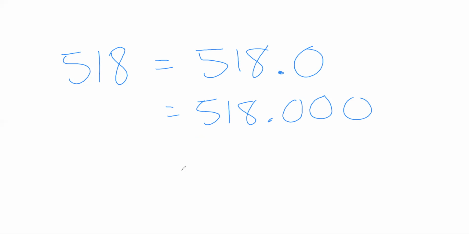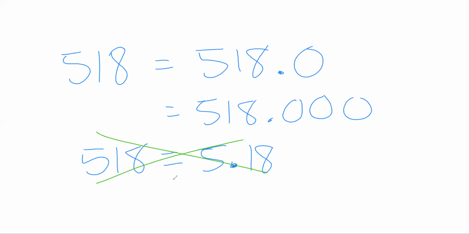Trailing zeros don't change anything. They're just filler. But remember, if I had 518 and I said 5 and 1800ths, that's not true, because the 5 is now in the ones place where I had an 8 in the ones place. So now everything changes, and this changes the value, which is why that doesn't work.